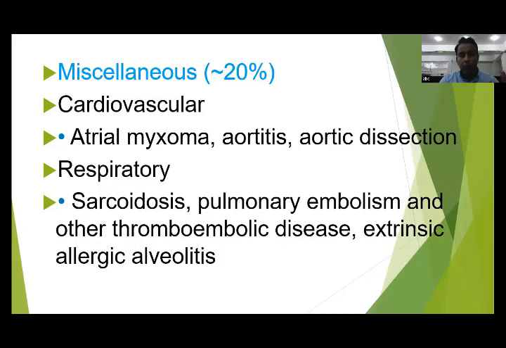Aortitis, aortic disease, and respiratory causes: sarcoidosis, pulmonary embolism, thromboembolic disease, and extrinsic allergic alveolitis can cause a fever which may last for a few weeks or even 4 months.